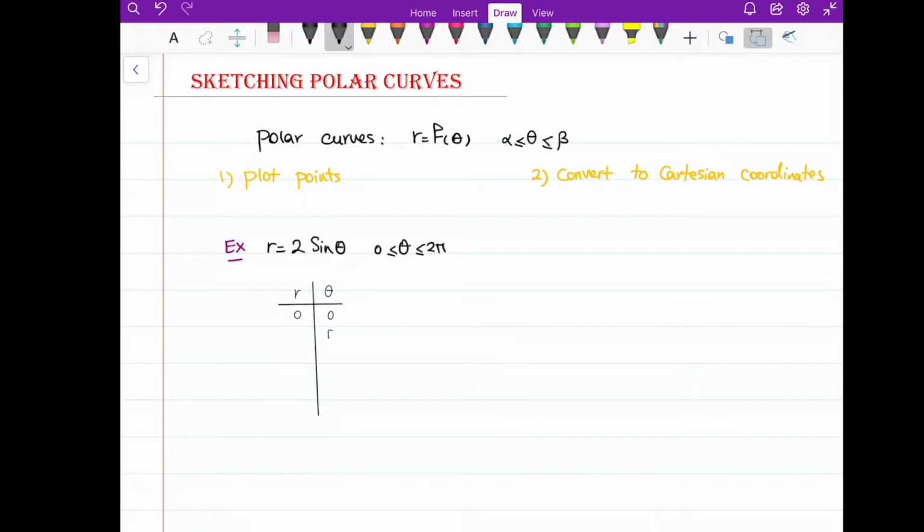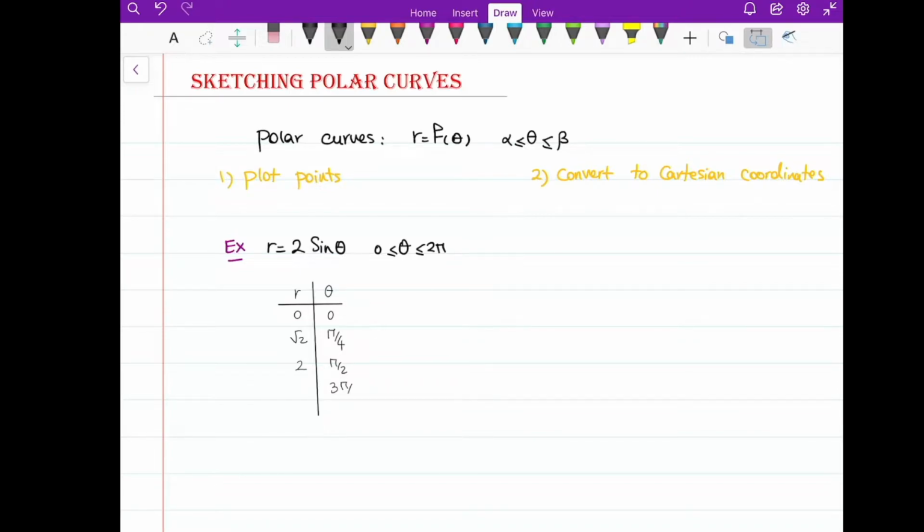When theta is equal to pi over 4, I get 2 sine of pi over 4. Sine of pi over 4 is 1 over root 2, so r would be 2 over root 2, which would be root 2. Then pi over 2. Sine of pi over 2 is 1. So r is equal to 2 times 1, which is 2.